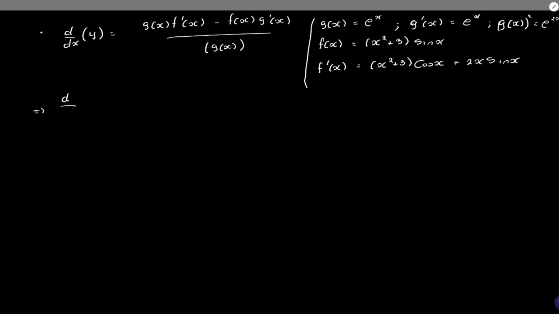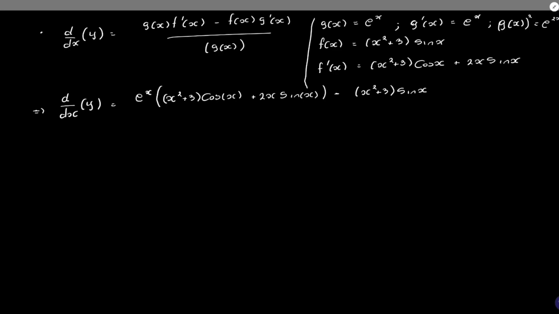This implies that the derivative with respect to x of our function y gives us g of x times f prime of x, x squared plus 3 cos x plus 2x sine x, minus f of x, x squared plus 3 sine x, times g prime of x, e to the x, all that divided by e to the 2x. So what we can notice in these two terms is we have e to the x common on both sides.